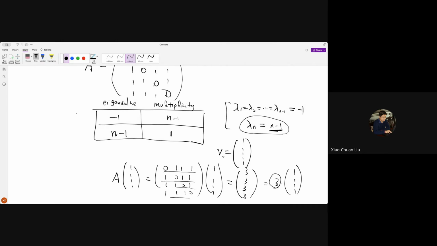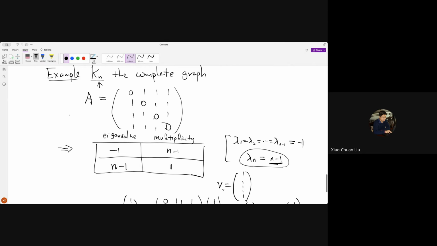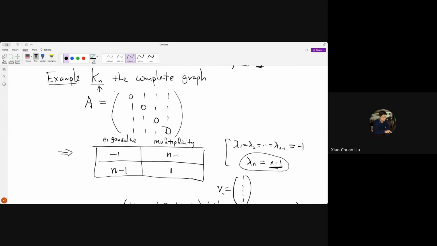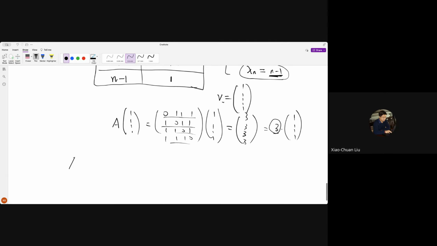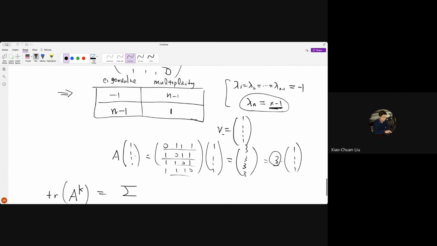So this is an exercise in linear algebra. And after this, we can compute, for example, the total number of closed walks of length k. So what is the trace of A^k? It's just the sum of all these eigenvalues to the power of k.